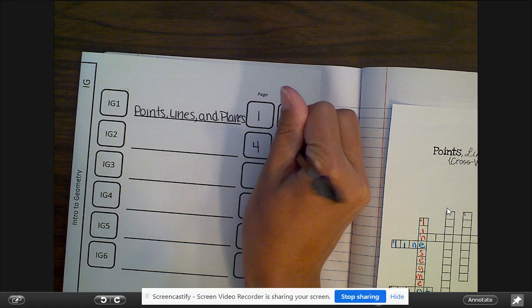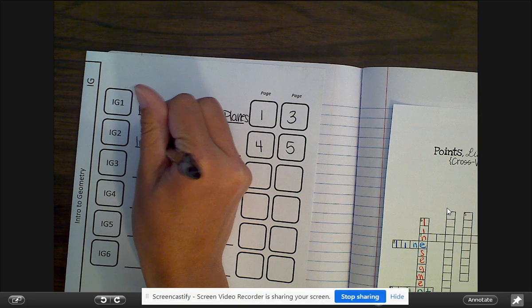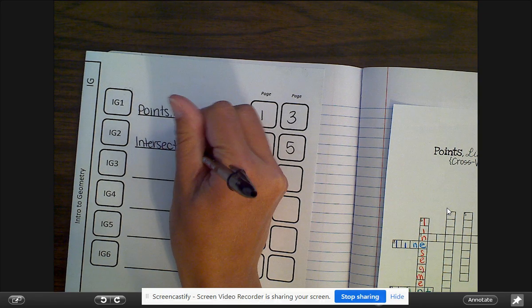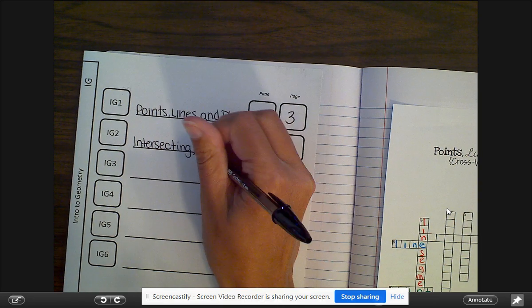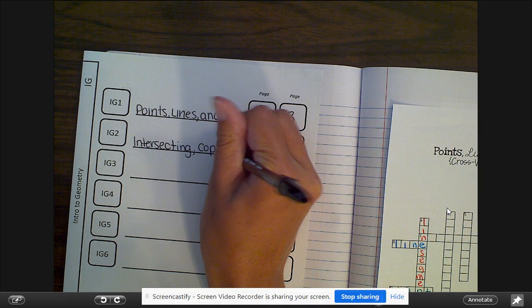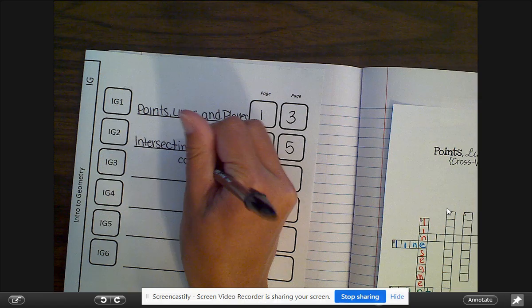On page 4 and 5, we are going to talk about things that intersect or cross each other, so intersecting. And then we're going to talk about some words that maybe you heard before, coplanar and collinear.